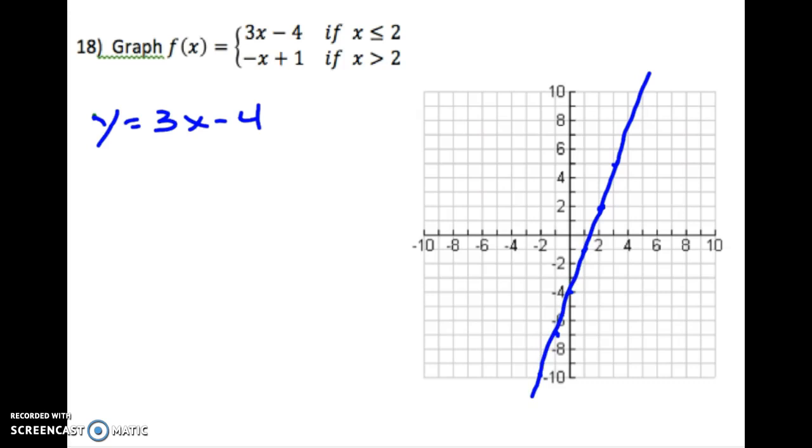Sketch our line. Going to the second equation, we look at it as y equals -x plus 1, so our y-intercept is at 1. Slope is -1, so we're going down 1, right 1, or up 1, left 1.